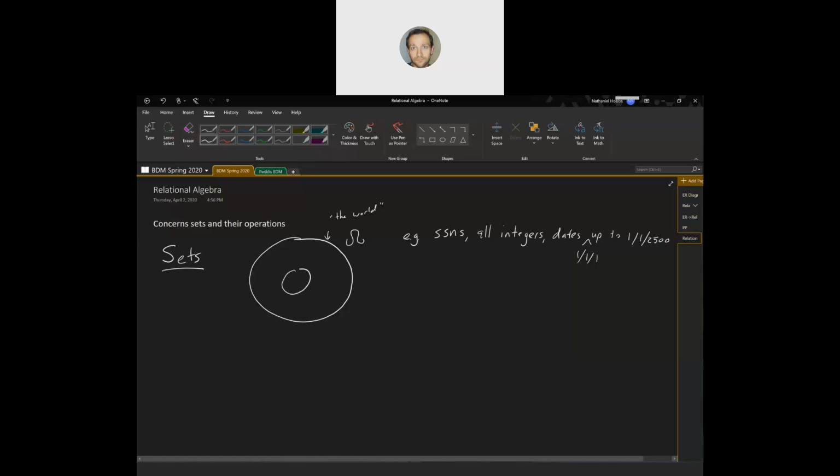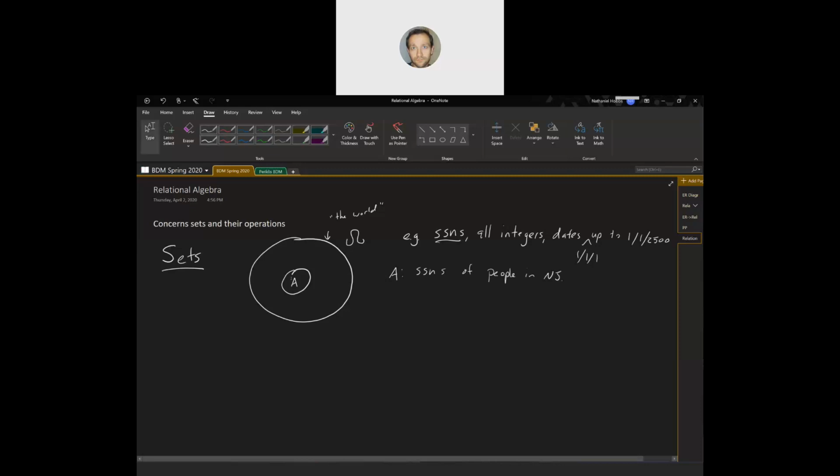And inside of omega, you can have smaller sets, A. So if, for example, omega is social security numbers, then maybe A are social security numbers of, I don't know, people in New Jersey.